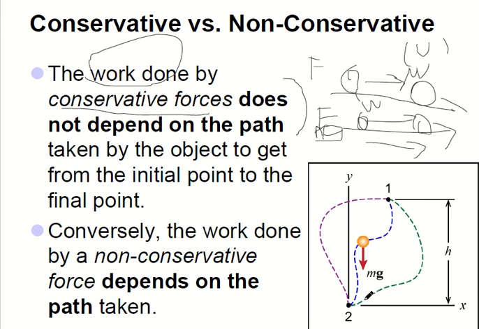So when you look at this diagram, here's the path. Your object is going from here, actually the initial is here, so going from here all the way to here, so this is a path. Conservative forces don't depend on that path. You can go this way, or that way. Non-conservative depends on which path you're on, okay?